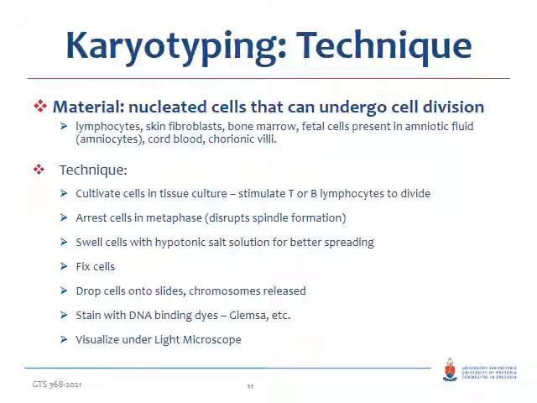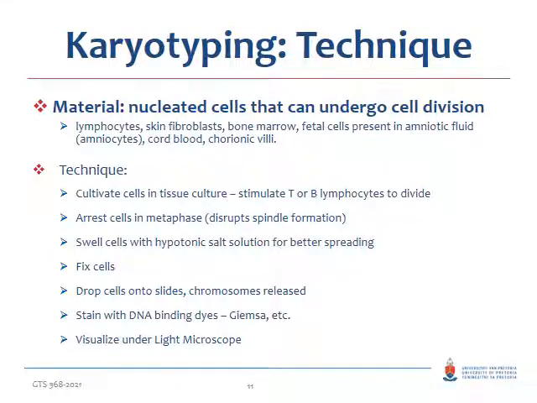The technique will then entail cultivating the cells in tissue culture so that the cells can divide, and the cell division is then disrupted in metaphase. The cells are thereafter put into hypertonic saline so that they swell and basically burst open so they can be spread on the slide.